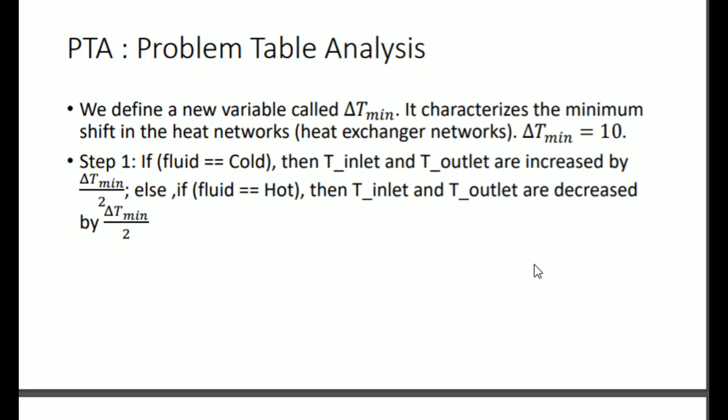So the first step is, for each of the flows, we will consider another temperature. If the fluid is cold, then the inlet temperature and the outlet temperature are increased by delta T min over 2. And if the fluid is hot, then the T inlet and the T outlet are decreased by delta T min over 2. What we will do is kind of shift our temperatures artificially.